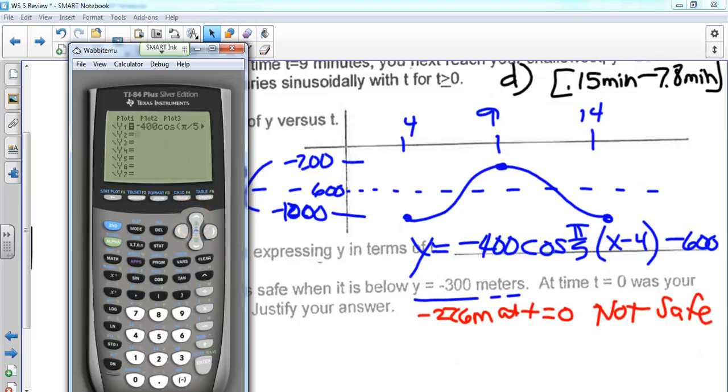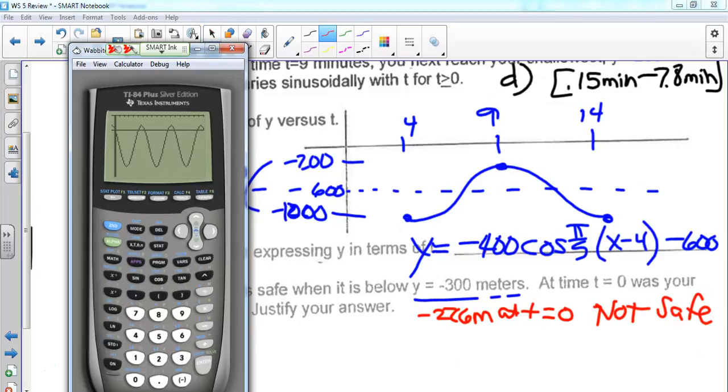Part D asks when you are safe, so I put in the line at -300 and I needed to find the intersection points. It's really hard to tell, but there is an intersection point over here that's positive and one here. It's like 0.15 is the first one.